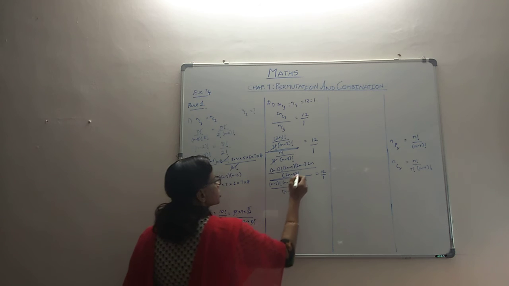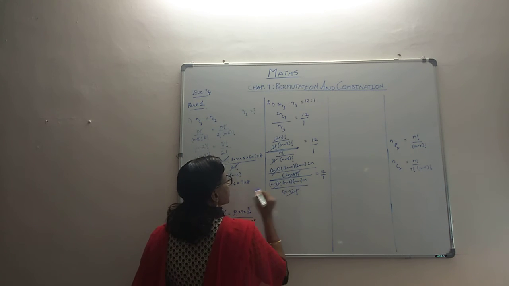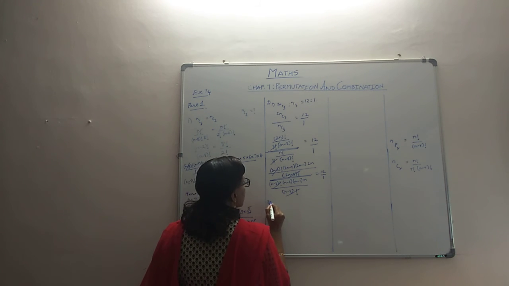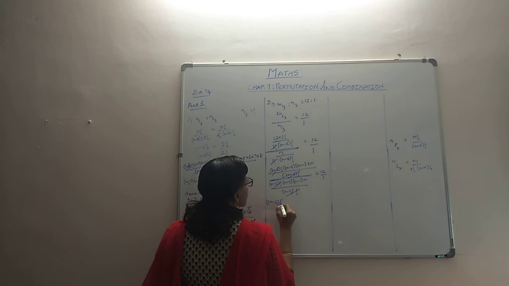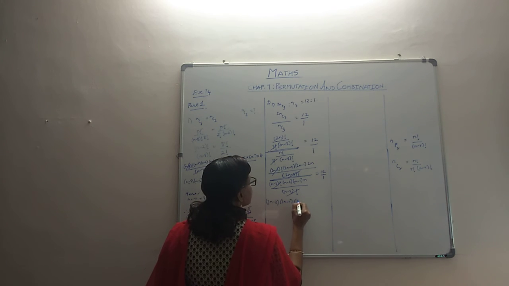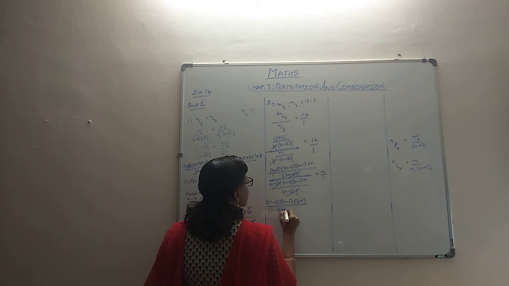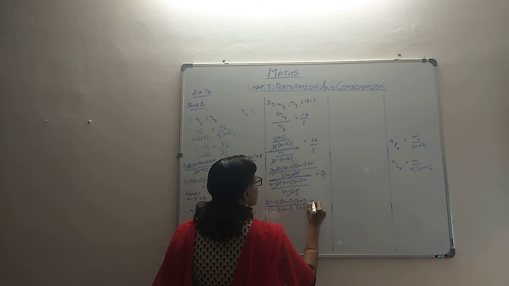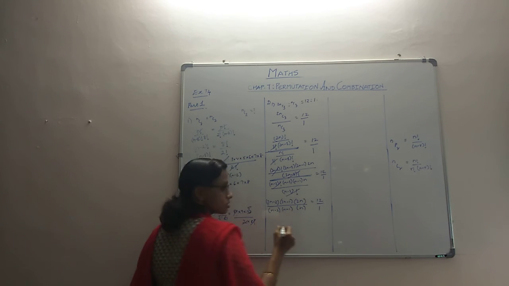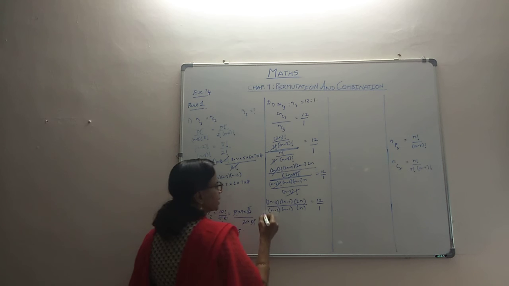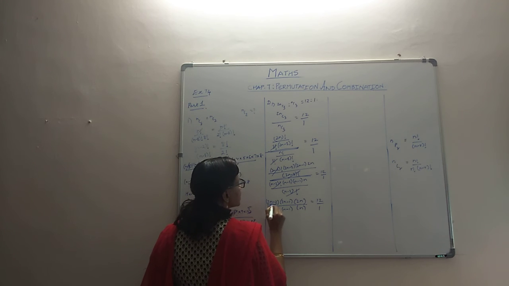Now what's the advantage? This and this can cut, this and this can cut. What are we left with? 2n minus 2 times 2n minus 1 times 2n by n minus 2 times n minus 1 into n is 12 by 1. Now this is also cancelable, many things. If you carefully see, this is as good as writing 2 times n minus 1.